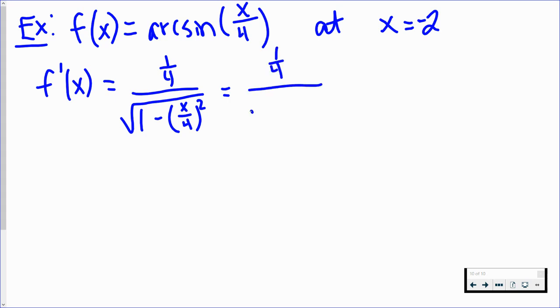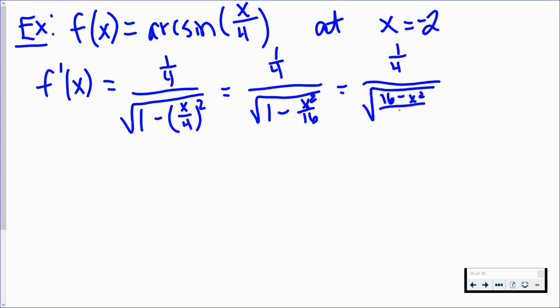So we have 1/4 over the square root of 1 minus x squared over 16. Get a common denominator. That's 1/4 over the square root of (16 minus x squared) all over 16. Take the square root on the bottom here. That would leave us with 1/4 over the square root of 16 minus x squared, over 4.